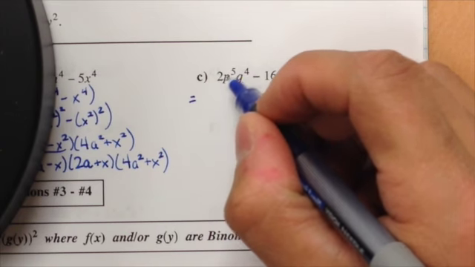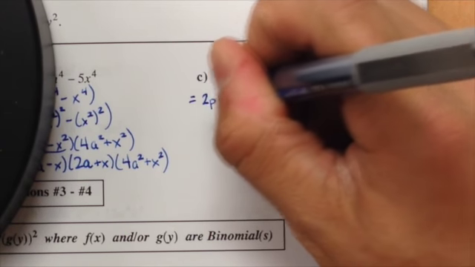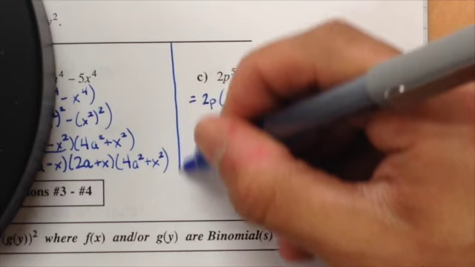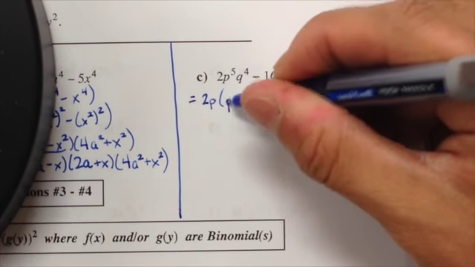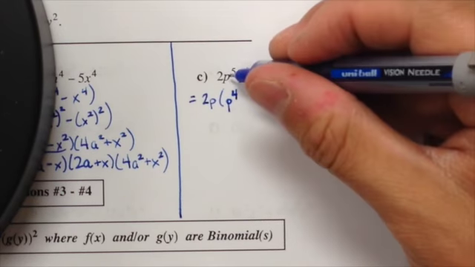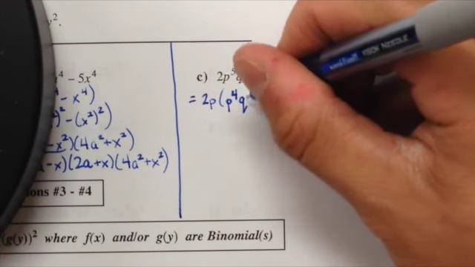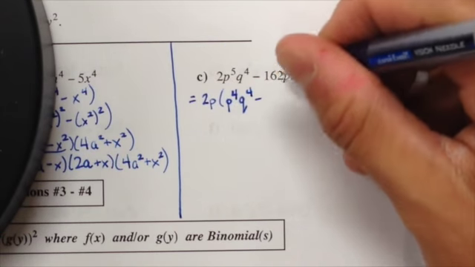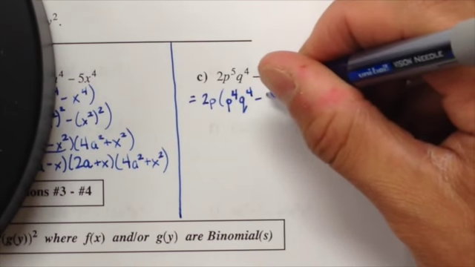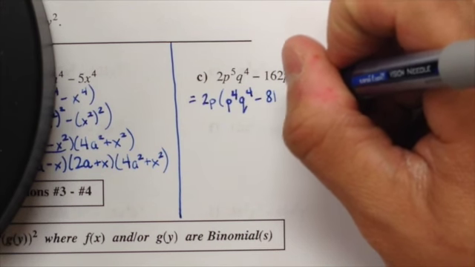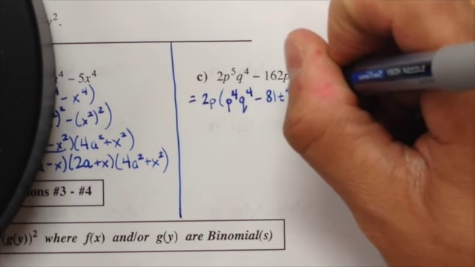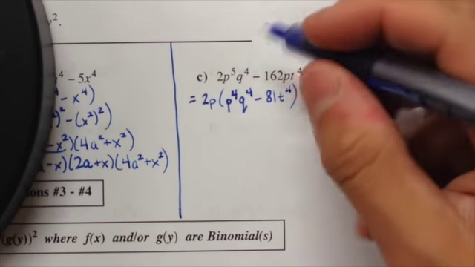If I take 2p out, I'll have 2p on the outside, and then p to the 4th times q to the 4th minus 162 divided by 2, which is 81t to the 4th.